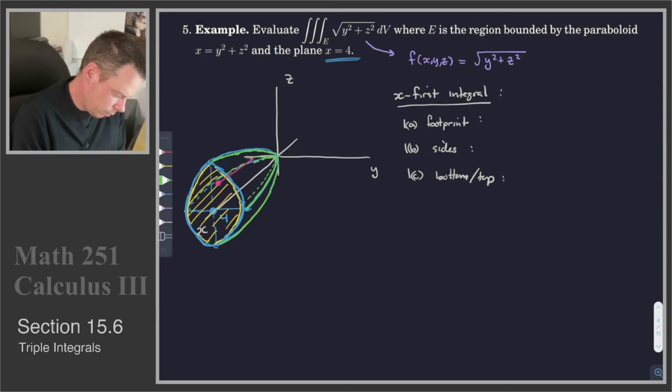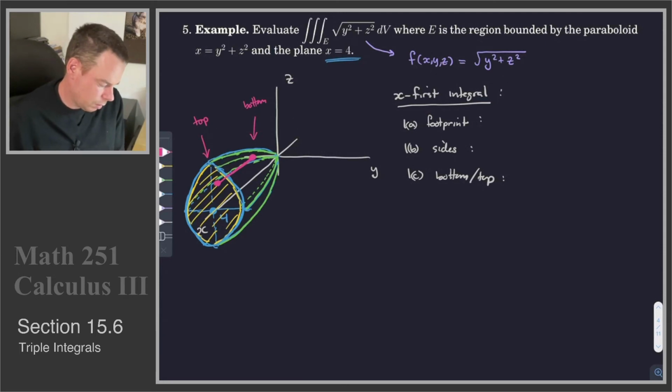It starts on the surface, travels through the region, and then just before it exits the solid, it passes through another surface. Those are the surfaces where it starts and ends. Smallest x value, largest x value. The smallest x value where it starts, that's the bottom. The largest x value that it passes through before it leaves the solid, that's going to give rise to the top.